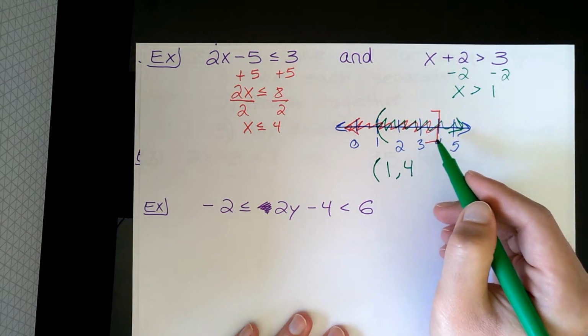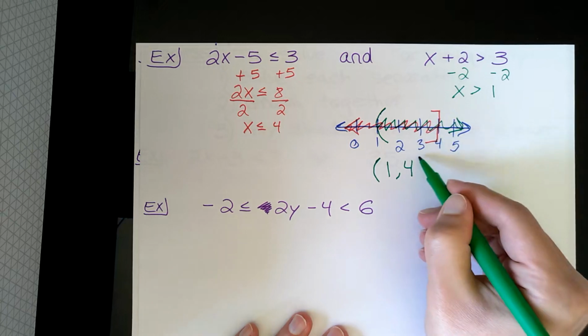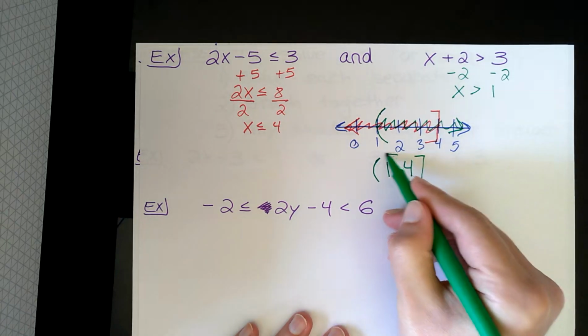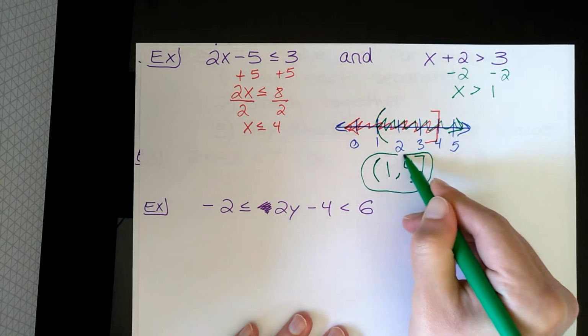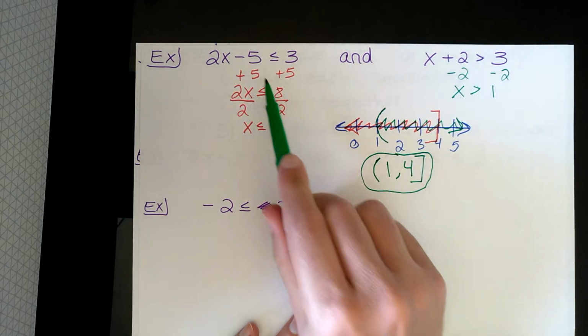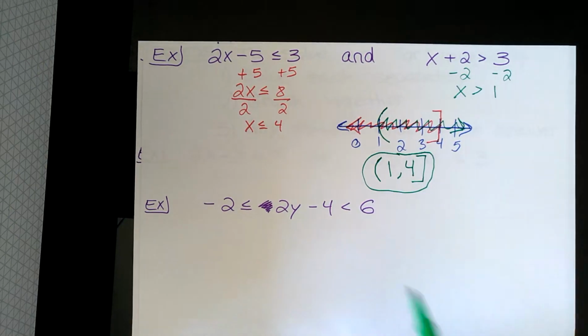That means it's contained in both of the inequalities, so we can put a bracket with 4. So every value between 1 and 4, except for 1, solves both of these original inequalities.